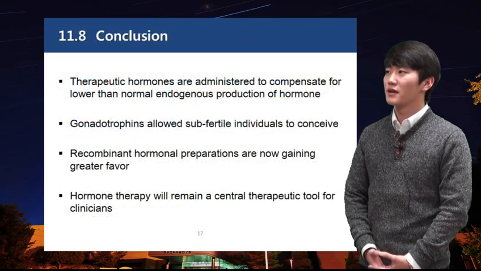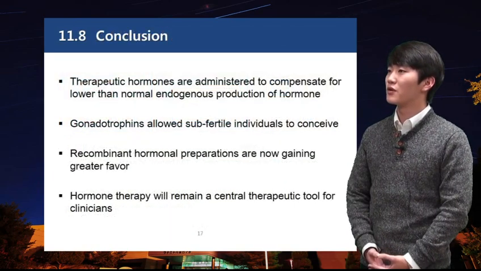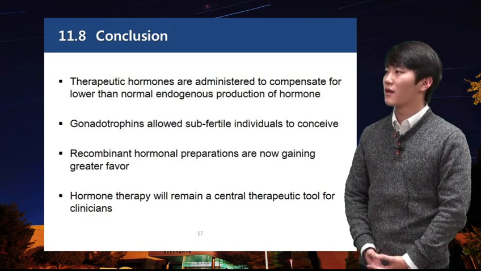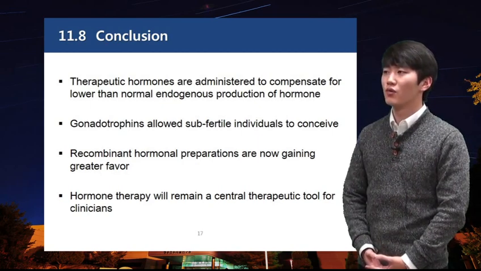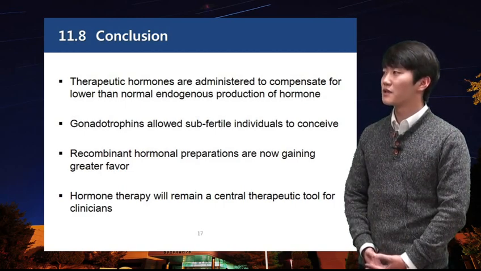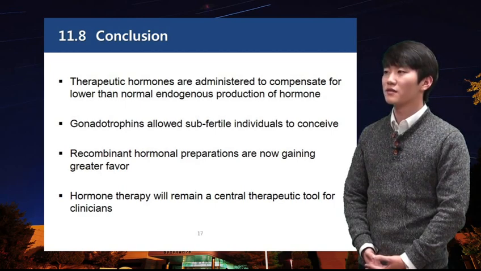In conclusion, several hormone preparations have a long history of use as therapeutic agents. In virtually all instances, they are administered simply to compensate for lower endogenous production of a hormone than the normal level. As a result, gonadotrophins have allowed hundreds of thousands of subfertile individuals to conceive.